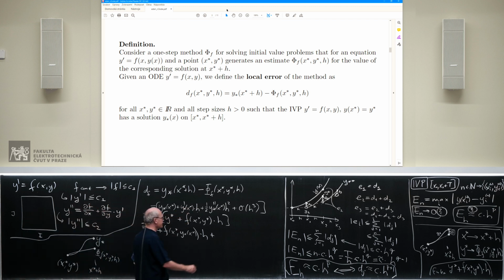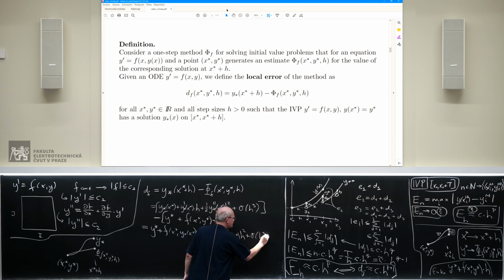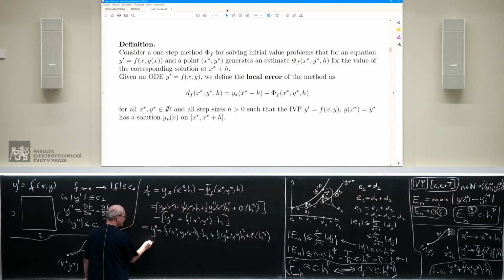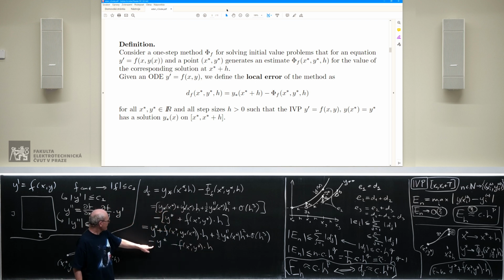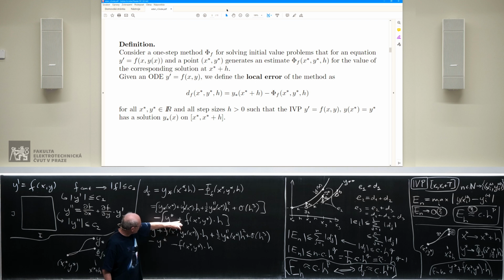Let's just leave it like that. 1/2 y double prime star, x star, h squared plus o h cubed. And I'm subtracting y star, and I'm subtracting f x star y star times h. Now, this cancels, obviously, and this also cancels because y star x star is equal to y star. We already saw it here. Here we can see it the second time.